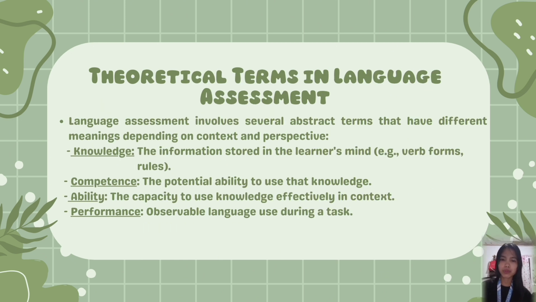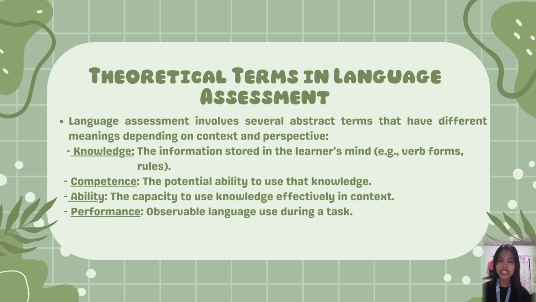Theoretical terms in language assessment. Language assessment involves several abstract terms that have different meanings depending on context and perspective. Knowledge: the information stored in the learner's mind, for example, verb forms, rules. Competence: the potential ability to use that knowledge.